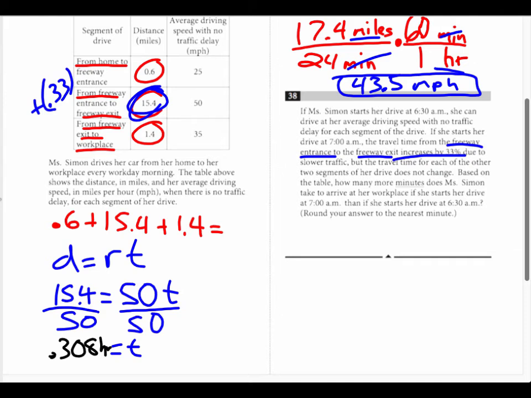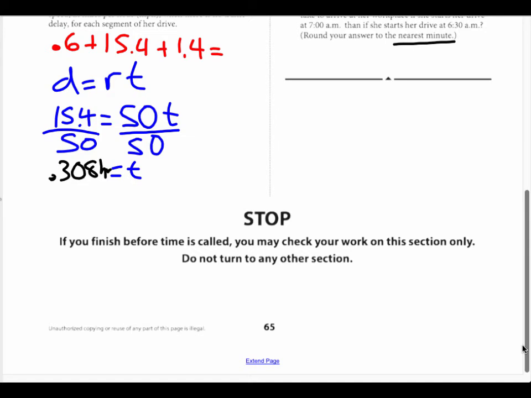Now I noticed that they want us to round to the nearest minute. We'll convert that in a second. Now it takes 33% longer. So we have 0.308, and it's not one, it's hours. HR.